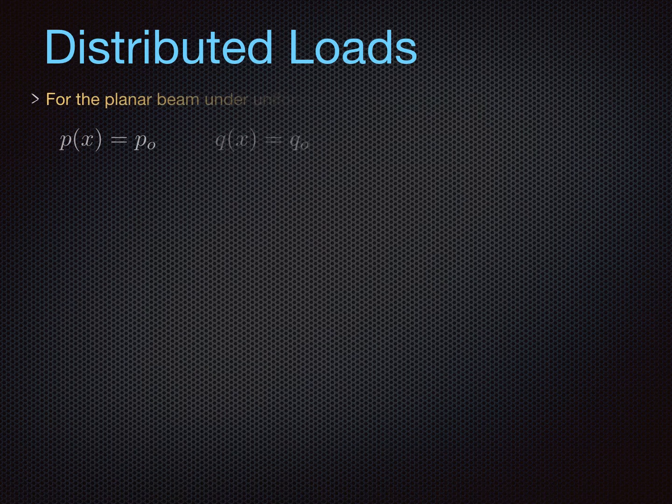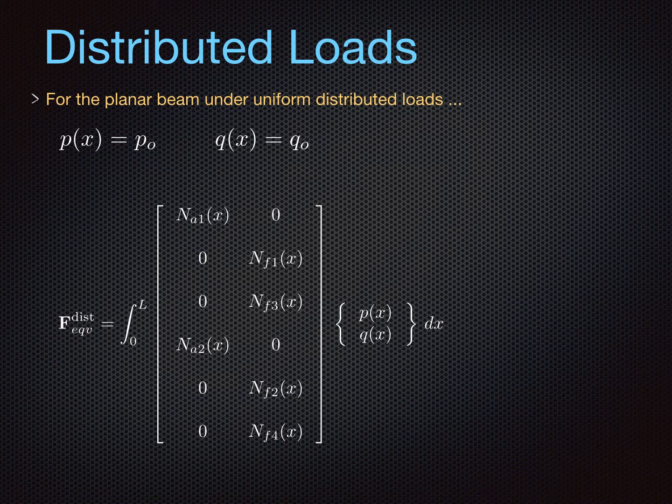So let us apply this formula we have just obtained for a simple case of constant axial load and constant transverse load. Plug the results back in. So the first big matrix, which is 6 by 4, is the transpose of the shape function matrix for the problem at hand. And we multiply that with a 2 by 1 vector of p and q, in which case it's just p naught and q naught, two constants.